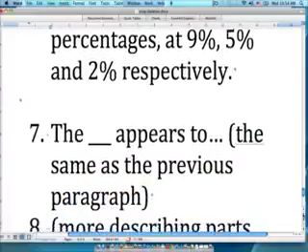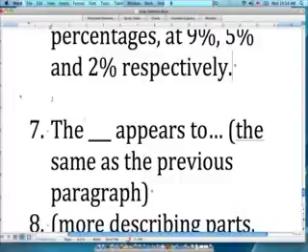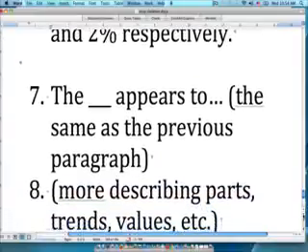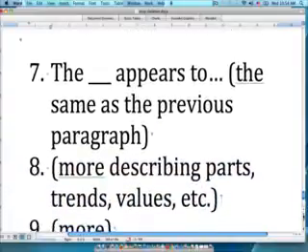Now, I have skipped a line. As you can see, we're going to start our new paragraph. So this is paragraph number 3, and this is sentence number 7 in the response. As with the paragraph that came before it, we're going to start this paragraph with a broad sentence that describes the overall trend that we see through the graph.